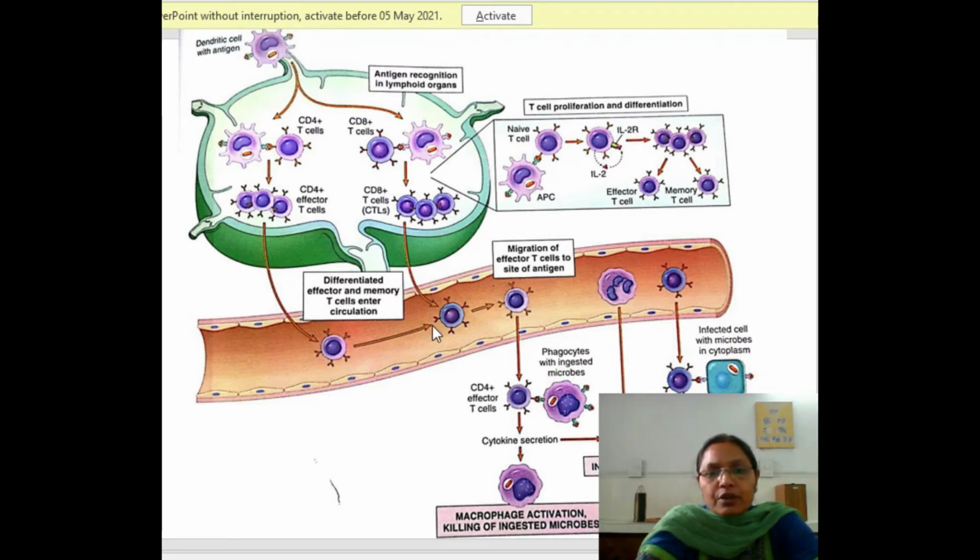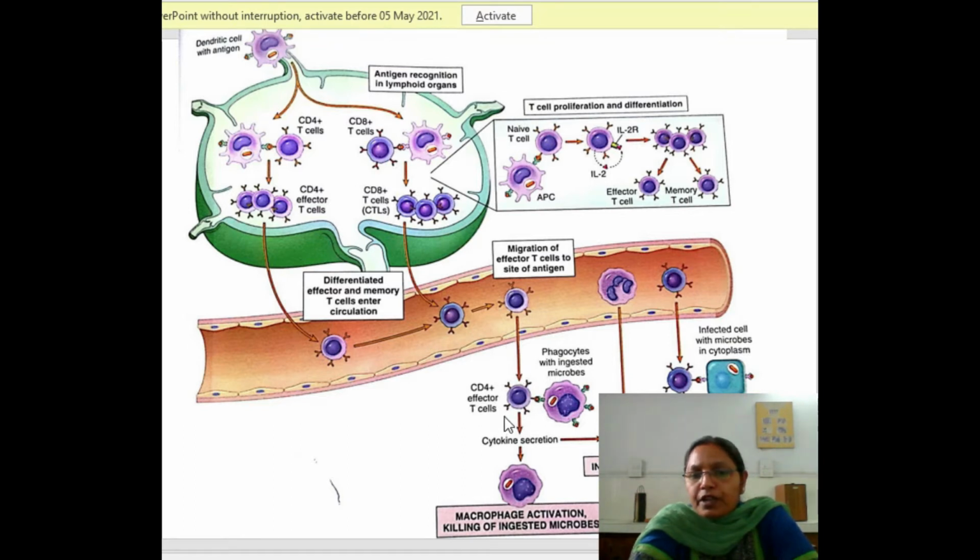They also come into the circulation. A small subset of these cells will become memory cells, so that in future they will come into action. These differentiated CD4 and CD8 T cells, when they come into the circulation, leave the circulation and go to the site of antigen presentation.